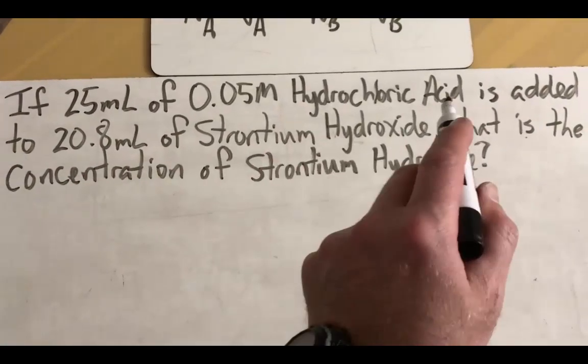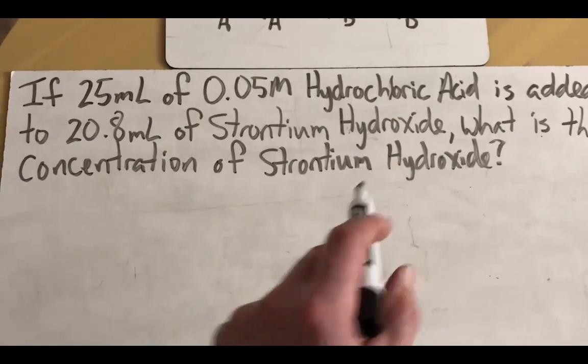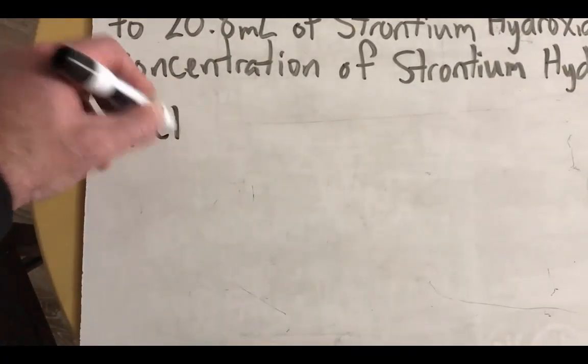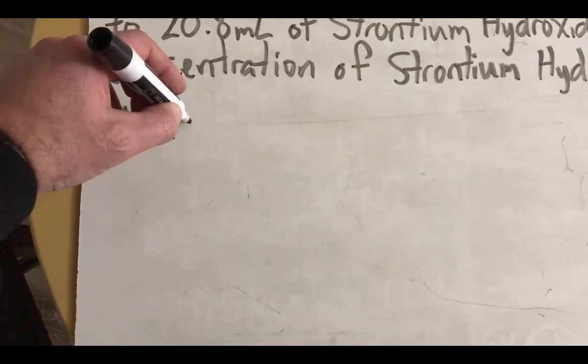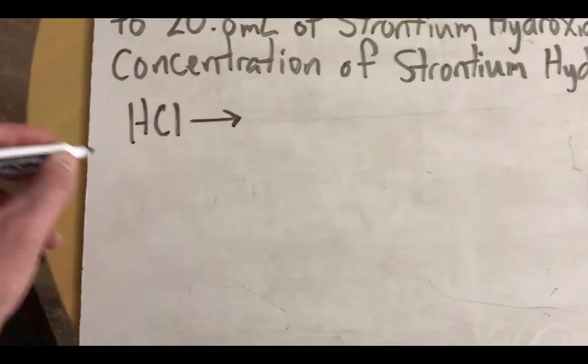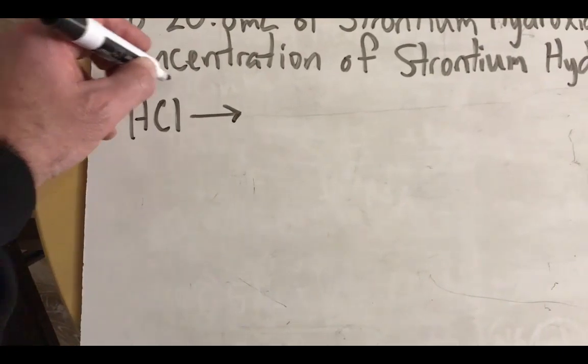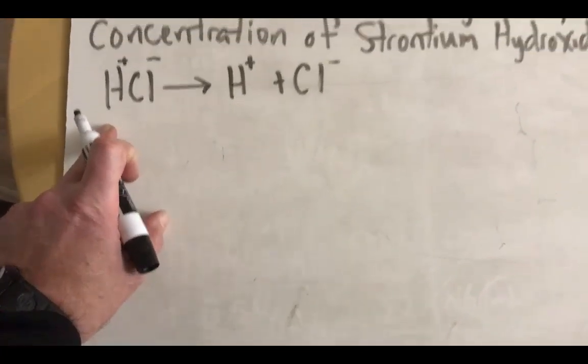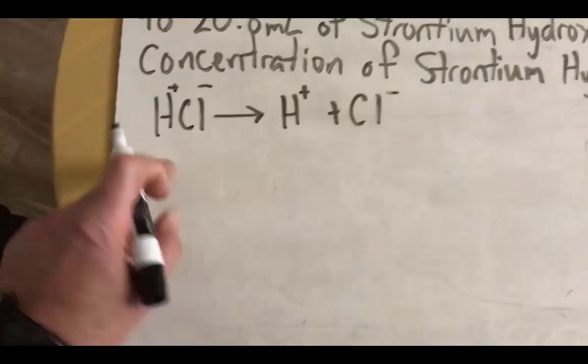So we're going to dissociate both of these compounds first, and we're going to kind of see what goes on. So I have hydrochloric acid, okay, and this is going to dissociate into hydrogen ions and chloride ions, okay. Does it give me molarity here? Yes, it does, okay.